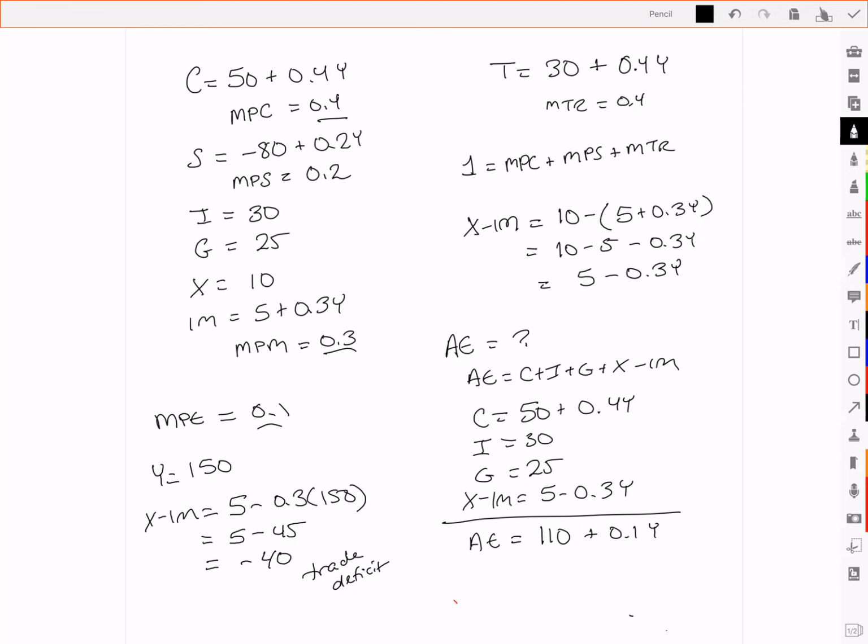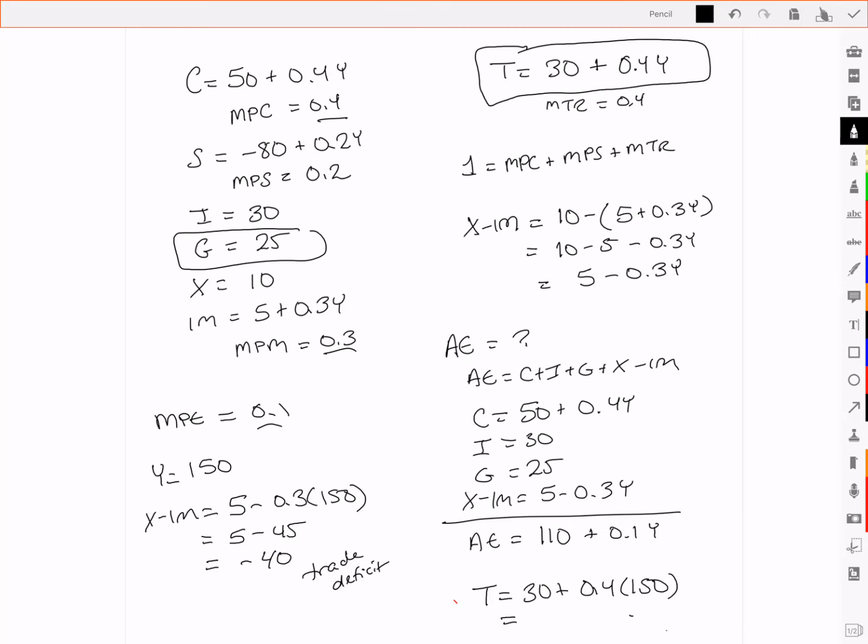All right, let's figure out what's happening with the government's budget. So we're going to look at government spending, our G equals 25, and compare it to our taxes. And let's keep our income of 150. So if income is equal to 150, government spending is still 25, but then taxes, 30 plus 0.4 times 150, our net taxes.